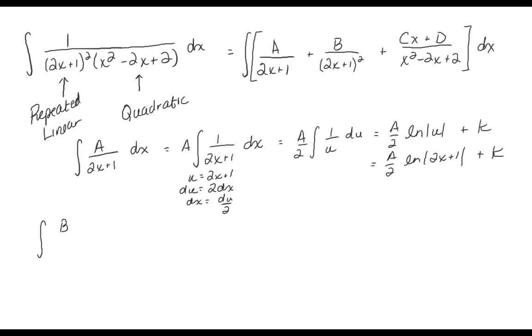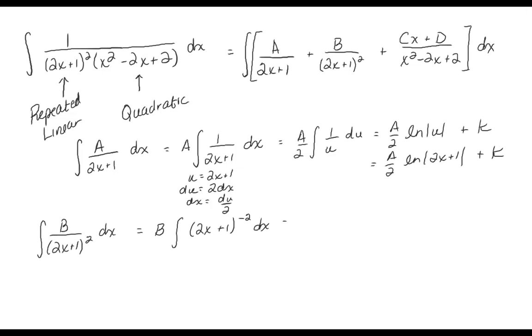Right. Now, the next one, b over (2x plus 1) squared. So again, we're going to factor the b out and then think integral of (2x plus 1) to the minus 2 dx. Notice here that we would use the same exact substitution as the last problem. Yep. So I'm not going to resubstitute because it's all right above there.